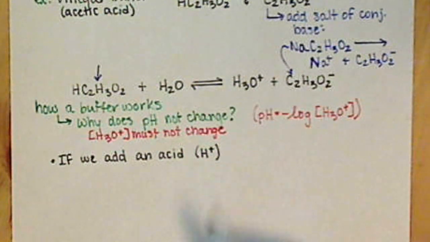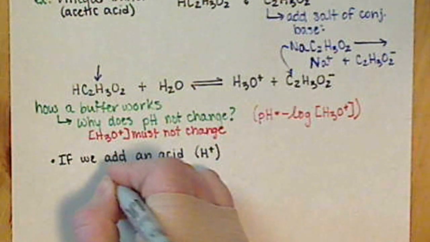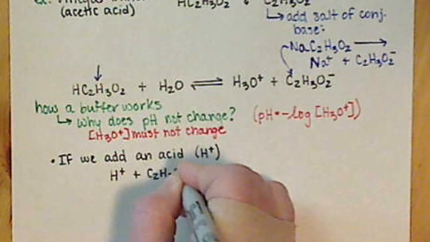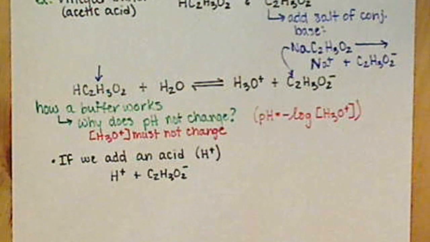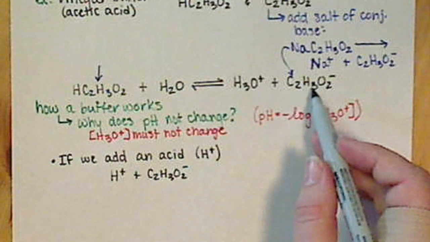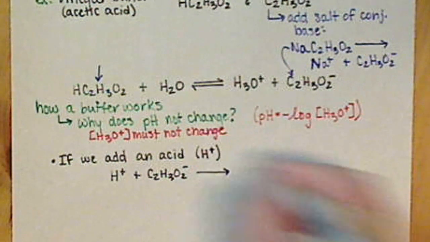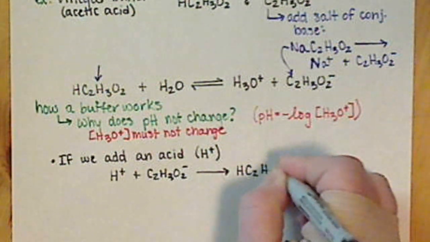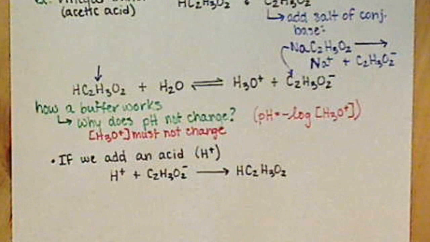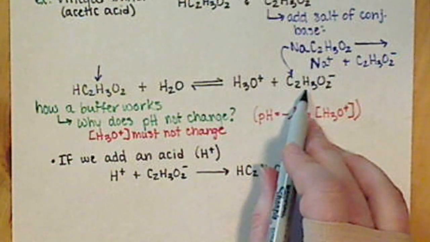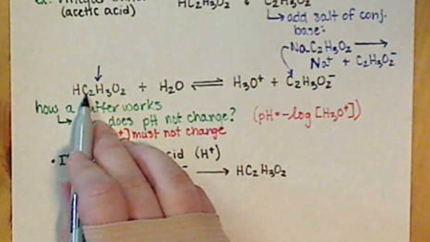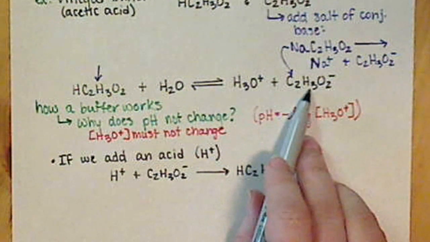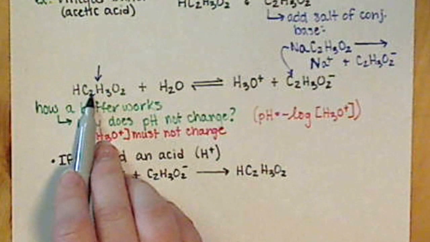So if we add acid, we have H plus and C2H3O2 minus, which is going to form HC2H3O2. If we add acid, we're just going to form more of this.